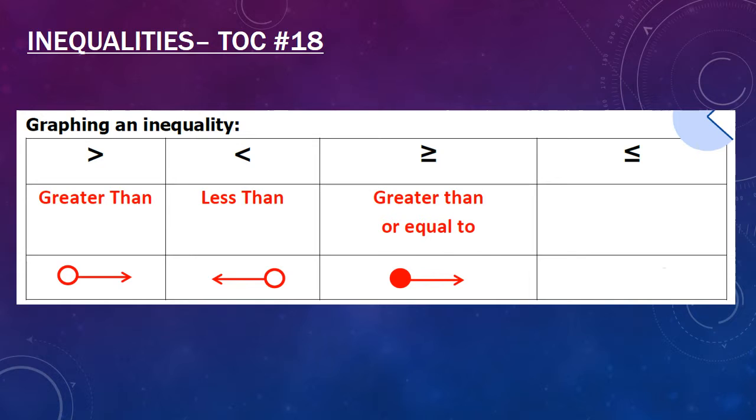And then because it's greater than, we're going to go to the right. Same thing with the less than. This one is less than or equal to because it has the line underneath. It looks kind of like half of an equal sign. And so our dot is filled in, saying that that number is part of the solution. And we are going to go to the left because it is less.